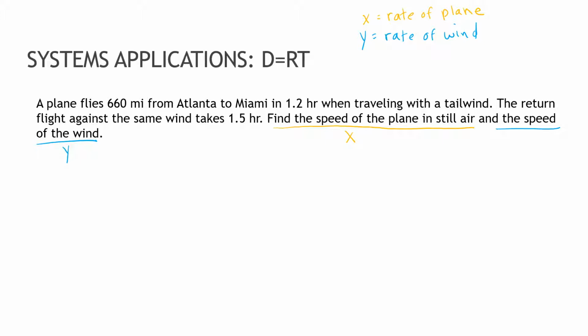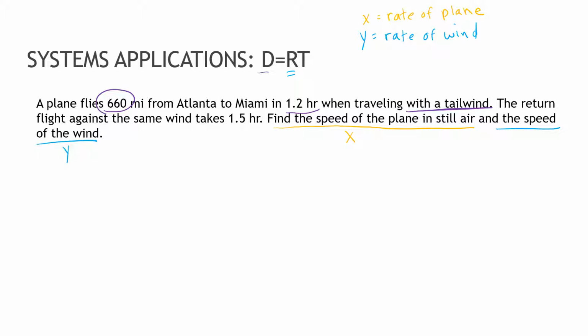So you might be confused because we have r here and I've got two different rates, but the rate is going to actually be the sum or difference of those two. So let's take a look at this in the first leg of the flight. So the first leg of the flight, again 660 from Atlanta to Miami, is 1.2 hours when traveling with a tailwind. So let's make a mathematical sentence out of all of that.